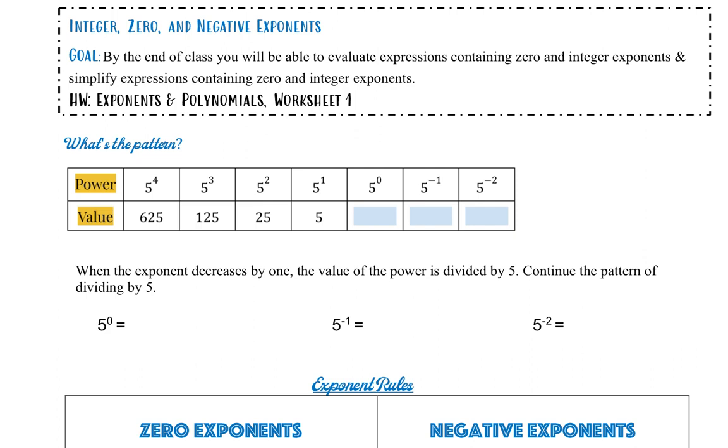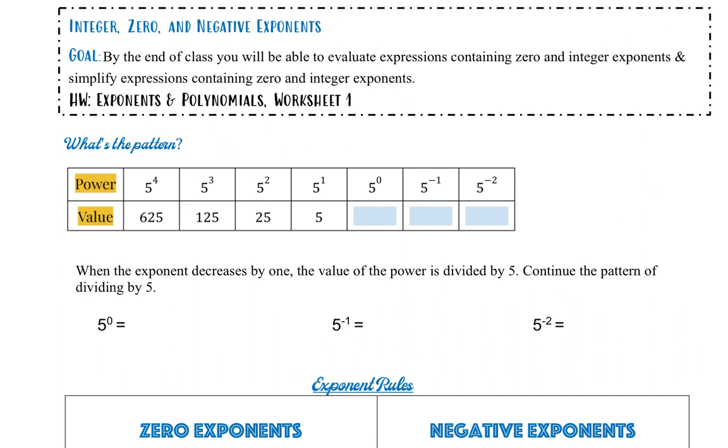So what's the pattern? When we look at the top row, we see our powers, 5 to the power of 4, 5 to the power of 3, 5 to the power of 2, etc. Down below, we see what they equal, the value.